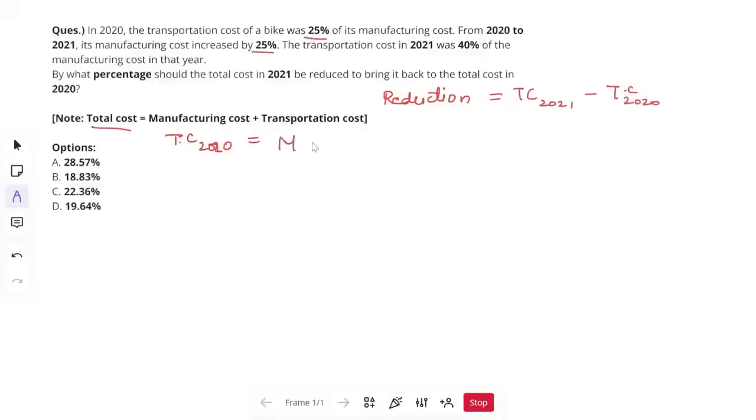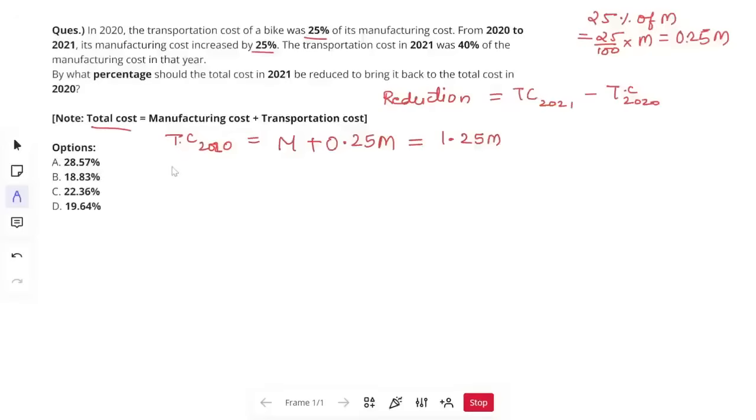Directly manufacturing cost is not given, so we are considering it M, and then 25% of manufacturing cost can be written as 25 divided by 100 into M, and then further as 0.25 M. So that is how I've directly taken it as 0.25 M. Now this is the total cost in 2020. So if we simplify it, we will get 1.25 M.